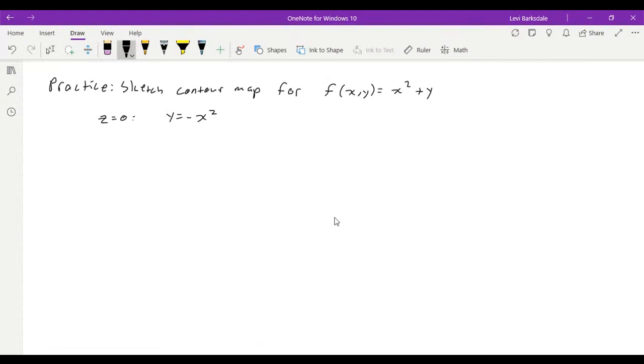I simply moved my x squared over to the other side to get it in terms of y. If you let z equal 1, well, that would tell us 1 is equal to x squared plus y, so y is equal to 1 minus x squared. If we kept doing this, z is equal to 2, we get y equals 2 minus x squared, and so on. If we plotted those to make our contour map, well, it would just look, like you said, like a series of downwards parabolas.